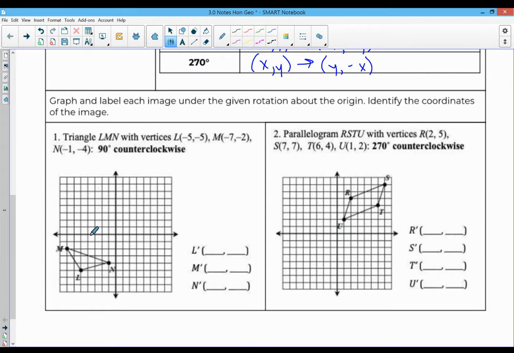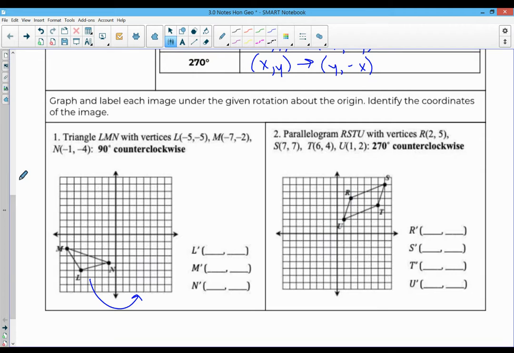So if I had triangle LMN with these given vertices, I want to now rotate this figure 90 degrees counterclockwise. If we think about how a clock moves, we want to move in the opposite manner. So that's going to be moving this way, and our triangle should be somewhere here in the fourth quadrant.